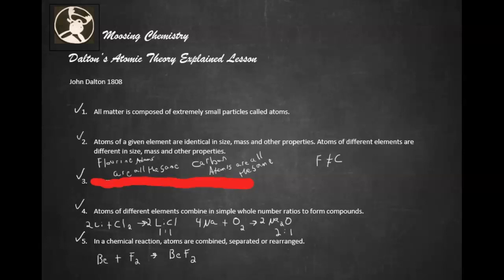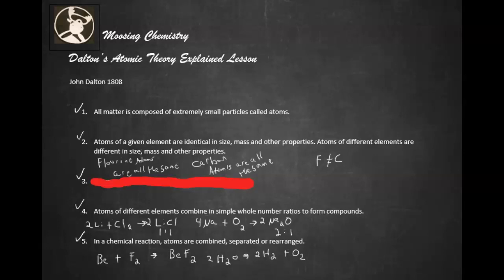Okay, atoms are combined. We make that. Let's say you have H2O, breaks down into hydrogen plus oxygen, right? So you're going to put a 2 there and a 2 there to balance this equation. But now they're separated and rearranged.